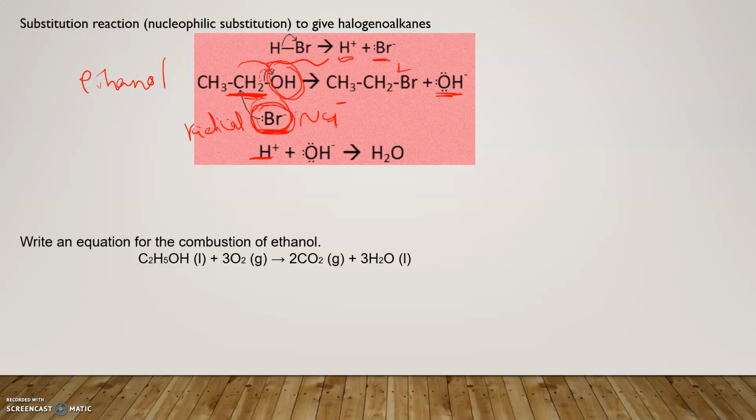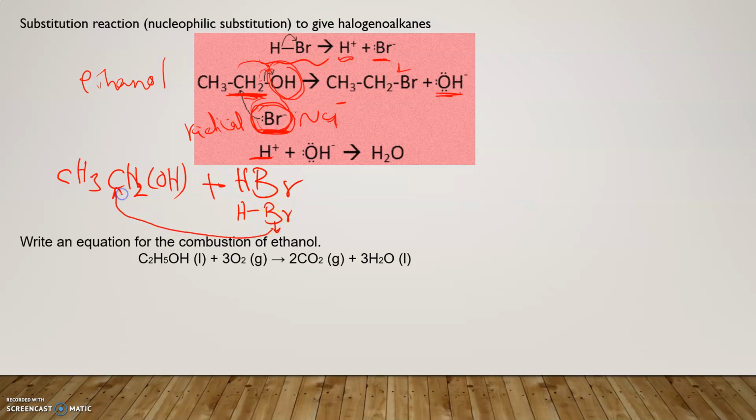To write the reaction more clearly, you have CH3CH2OH, ethanol, where OH is the functional group, reacting with HBr. HBr will become H and Br. So the Br is our nucleophile.